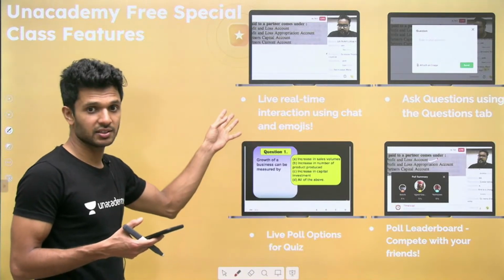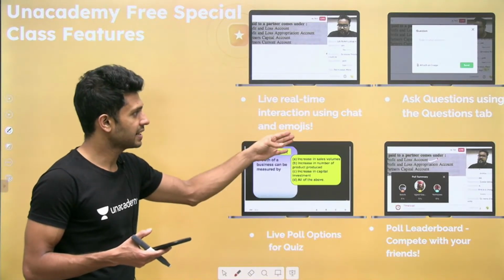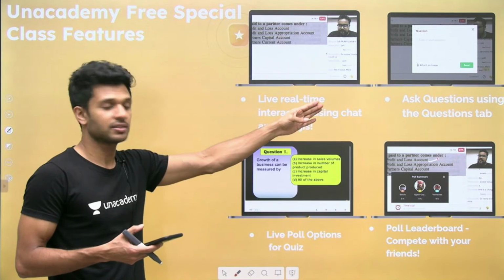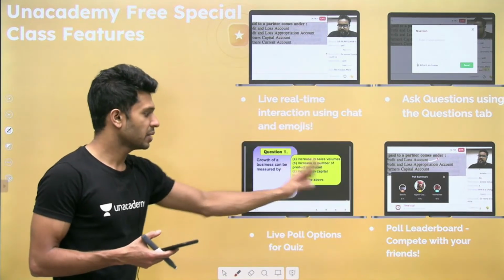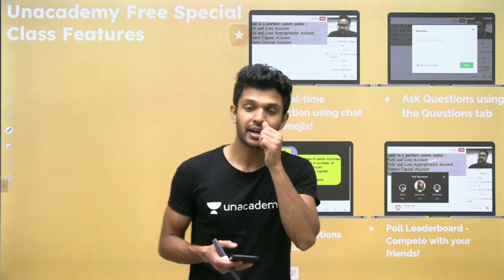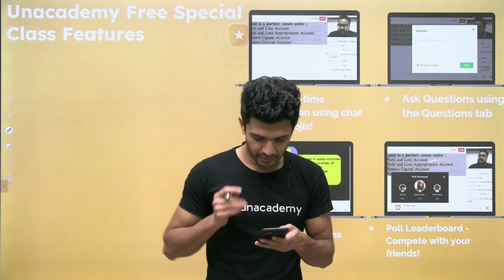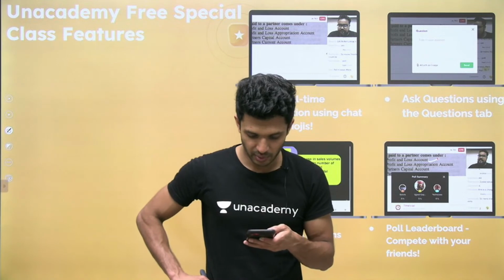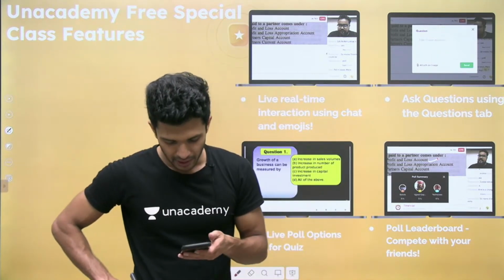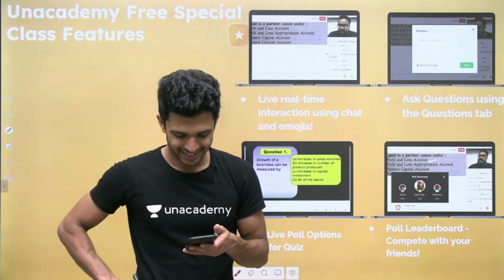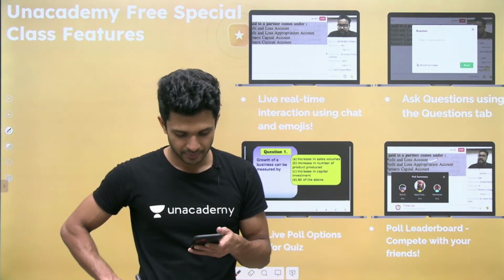Those who haven't experienced it, you have chat options, a question tab where you can ask your doubts, live quizzes, and a leaderboard which will tell who has answered the most questions. Wow, it's amazing. Anna will be coming, Miara will be there, Rashi will be there, Dr. Ardi will be there, Palak will be there, Tanwar, okay.